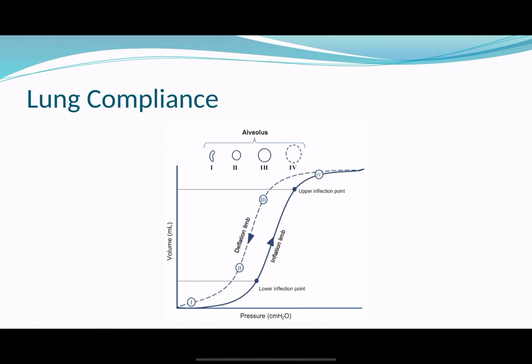Always remember the lung compliance changes as time goes on. As your treatments like antibiotics and removal of fluids start to take effect, the lungs become more springy, they become more compliant, and therefore they need less pressure to start with to stay within that inflection point period between the lower and upper inflection point.